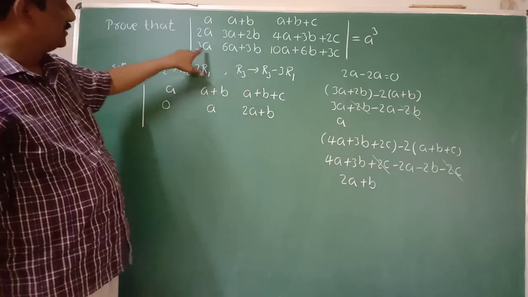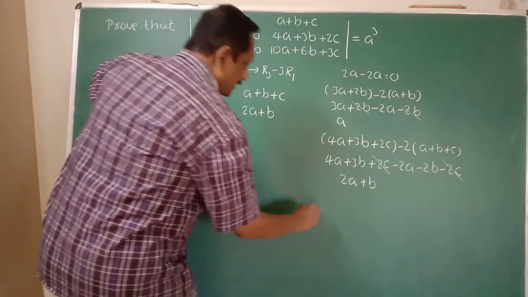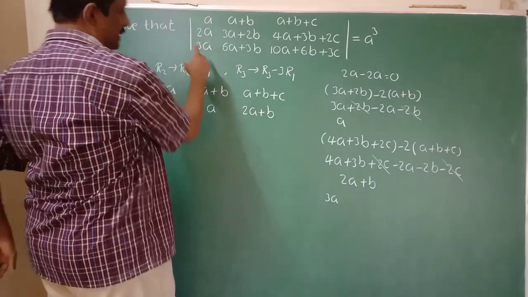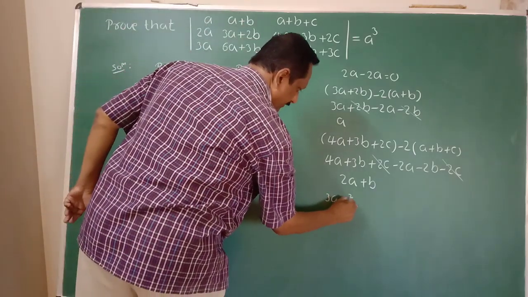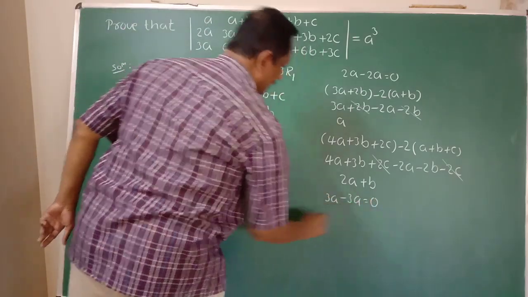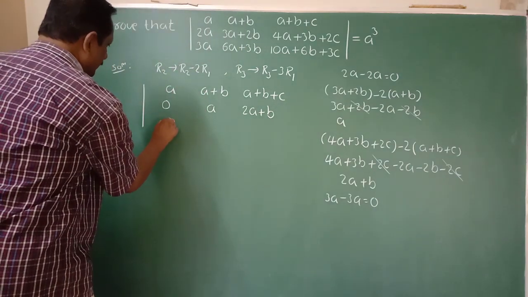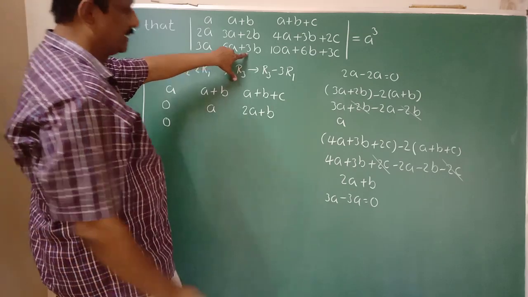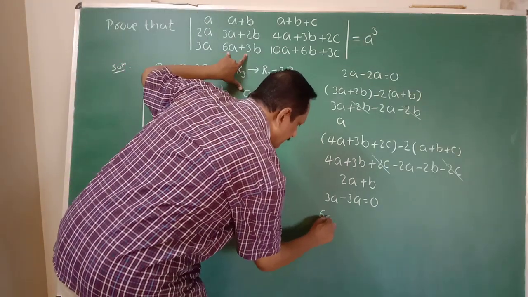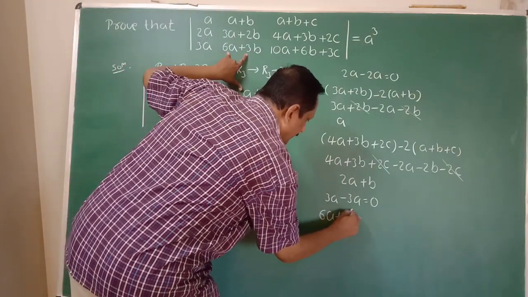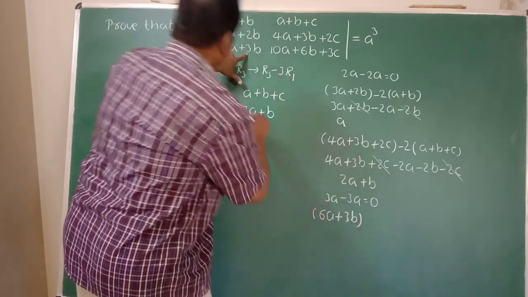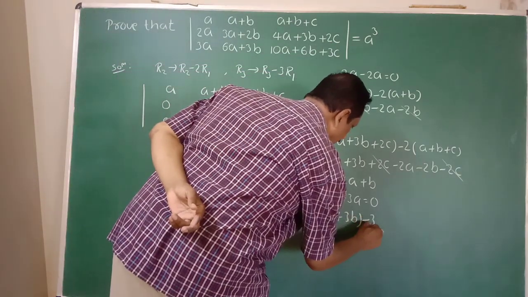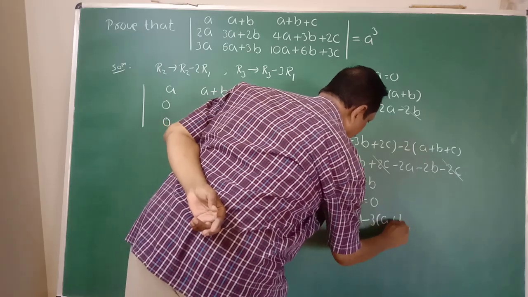So write 3a here. Multiply by 3 and subtract: minus 3a becomes 0. Then 6a plus 3b, then multiply by 3 and subtract: minus 3 into bracket a plus b.